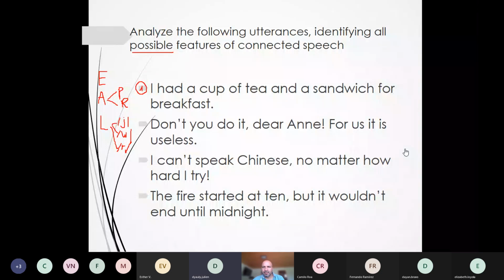In this exercise, teacher, we just have to identify the elision, and linking R, and another concept that we have seen before, right? Yes, all the features of connected speech that you have so far studied. Okay, perfect. So any questions before we move on? Okay, so take 3 to 5 minutes to work on number one, and then we take a look at your answers about features of connected speech present in this number one, right?